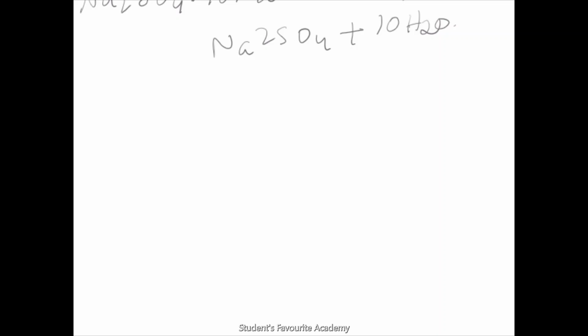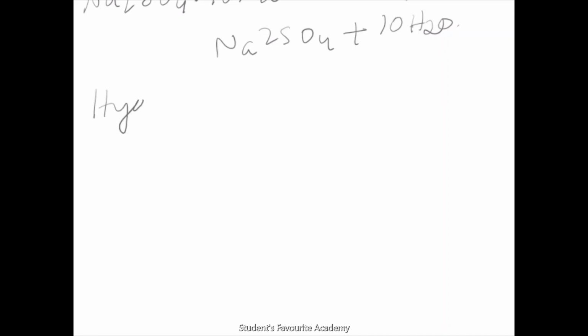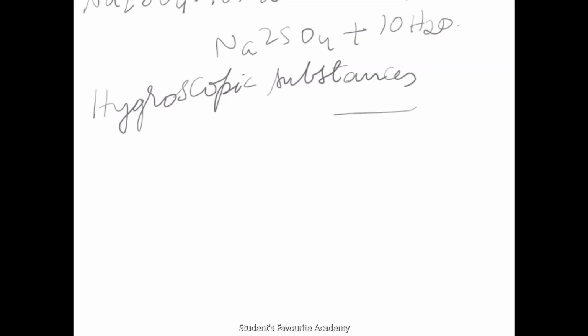Hygroscopic substances. Now, some salts absorb moisture or water vapor from the atmosphere without dissolving in it. So, they absorb the water vapor from the atmosphere, but they do not get dissolved in that.